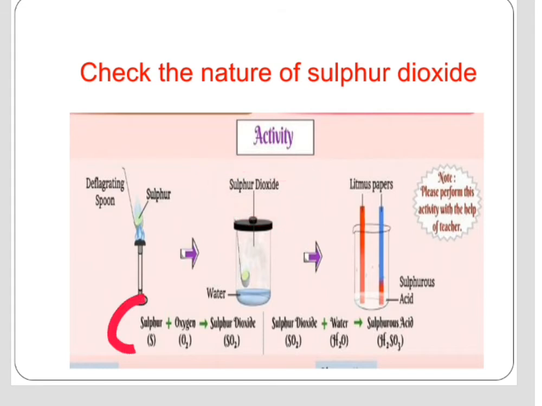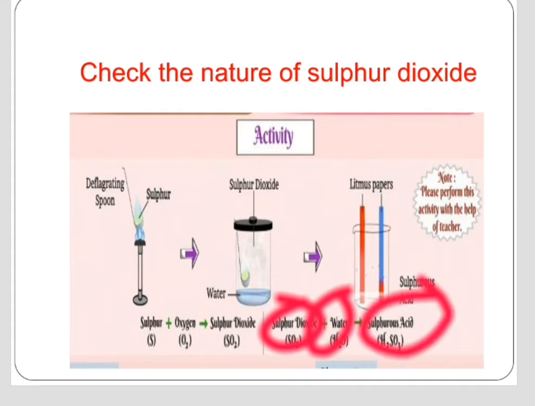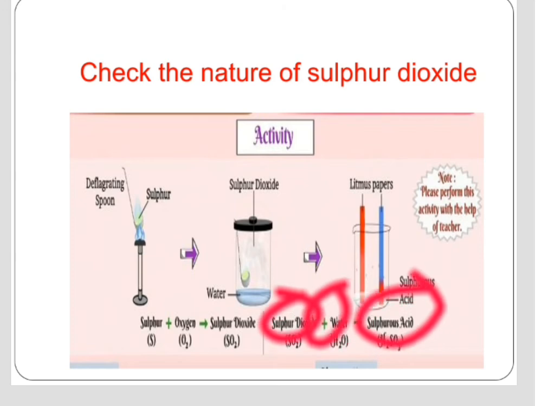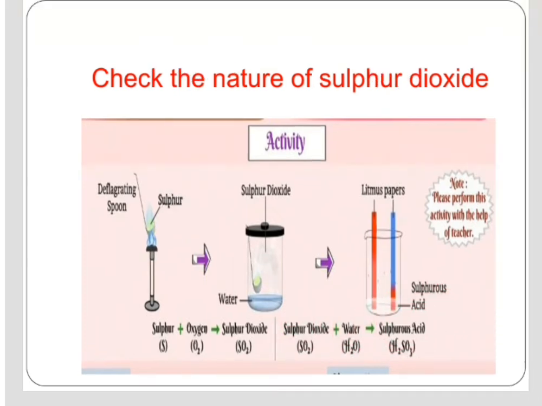Sulfur reacts with oxygen to form sulfur dioxide, and sulfur dioxide reacts with water to form sulfurous acid. This activity is an example of non-metals reacting with oxygen to form non-metallic oxides which are acidic in nature.